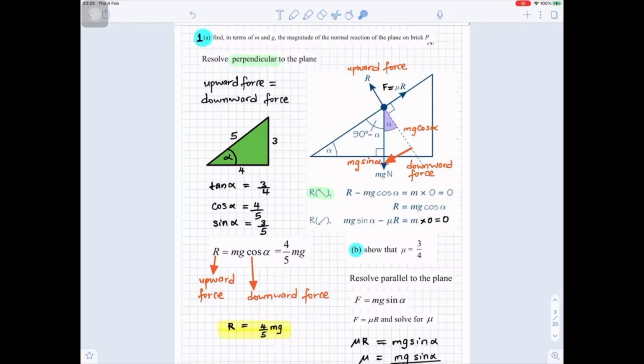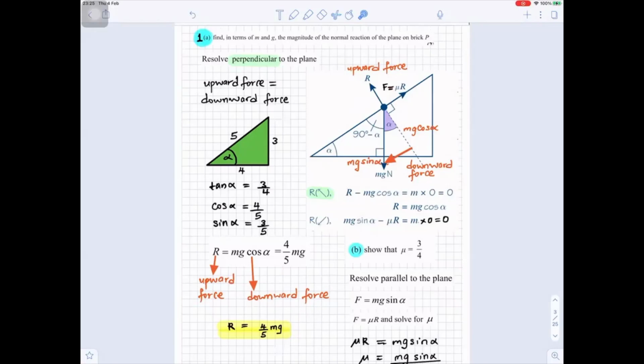Or you can write it in equation form using F equals ma. Upward force minus downward force is equal to mass times acceleration, but it's not moving, so acceleration is 0. So R minus mg cos alpha is equal to 0. You take mg cos alpha to the right side, and R equals mg cos alpha. So that's how you get R equals 4 over 5 mg.